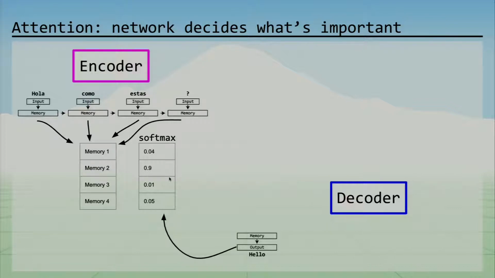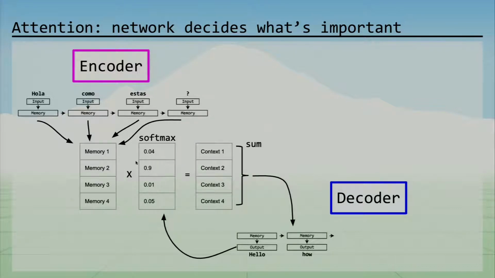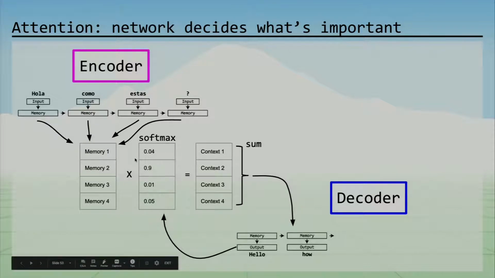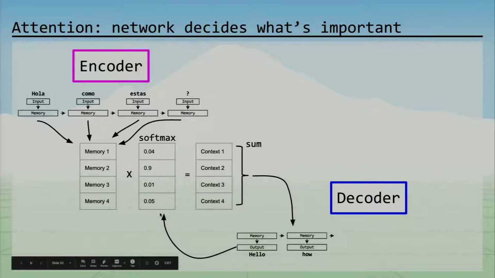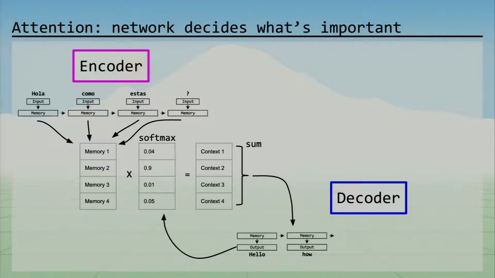Then we'll do a weighted sum: we'll multiply all of the memory states by whatever this attention produced from our previous step in our decoder, add up all of those context vectors, and use that as input to our decoder as well. So our decoder will be able to take advantage of all of the previous memory states of our encoder, but perform its own weighting on those different states to pay attention to what makes sense for it in a given time step.